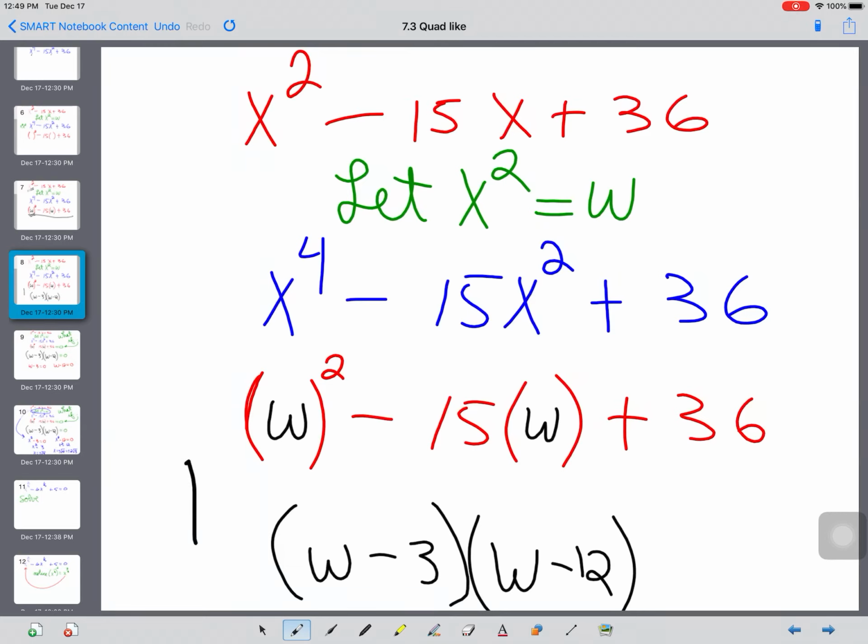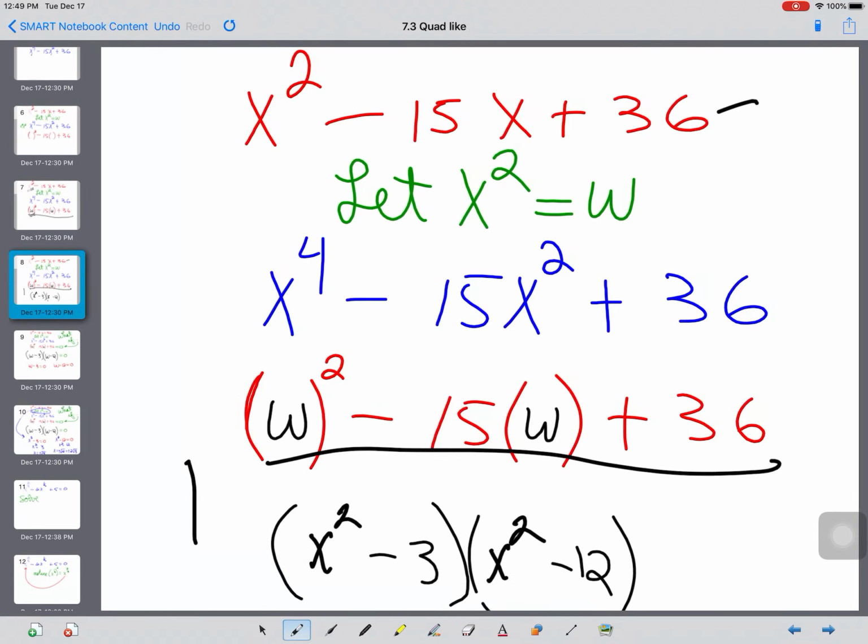So this is going to factor just like the original one did, w minus 3 and w minus 12. At the end, then, I would replace these with what those are equal to. So I'm going to take out the w, and in their place, I'm going to put in x squared and x squared. Now, neither of these can be factored nicely, so you would just stop right here.